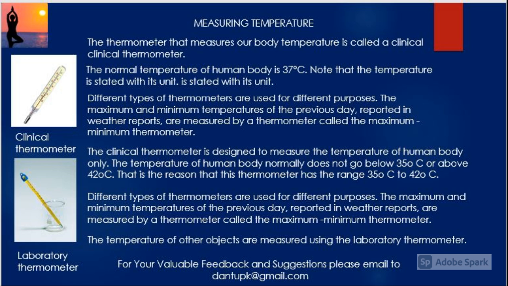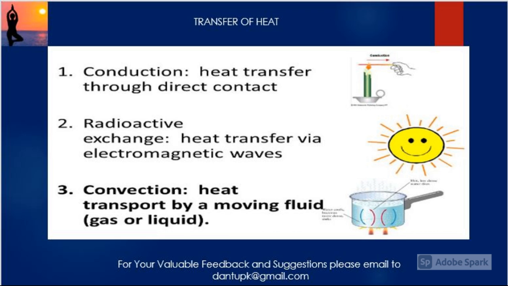We will proceed to the next topic, transfer of heat. You might have observed that a frying pan becomes hot when kept on a flame. It is because the heat passes from the flame to the utensil. When the pan is removed from the fire, it slowly cools down.